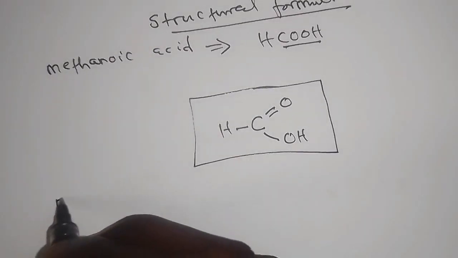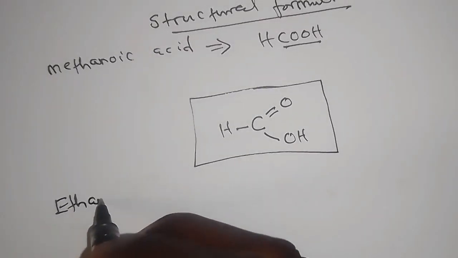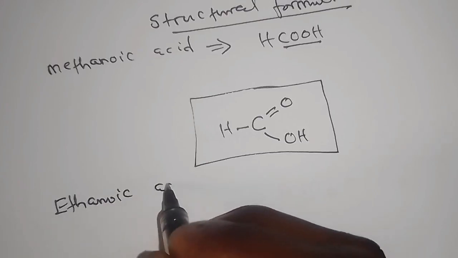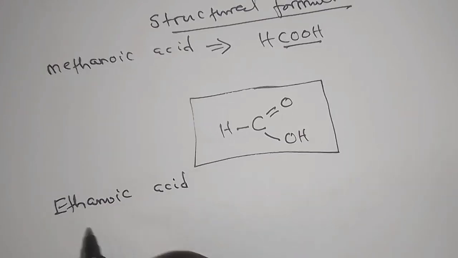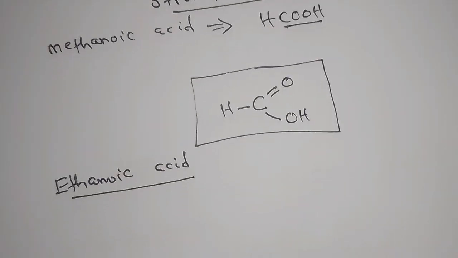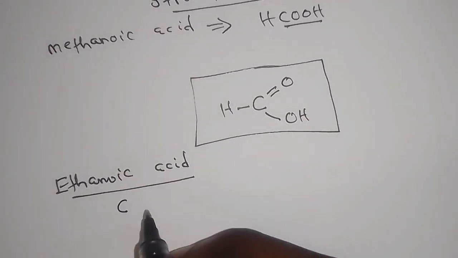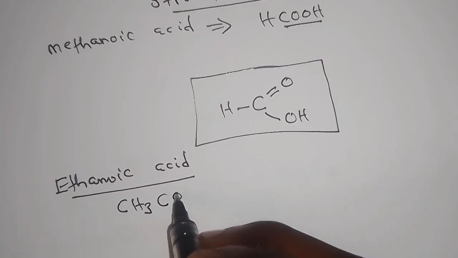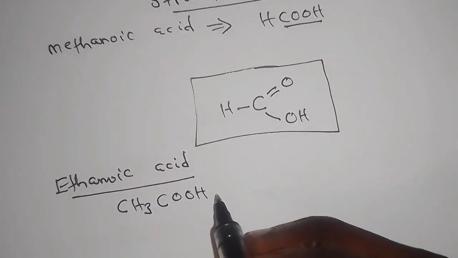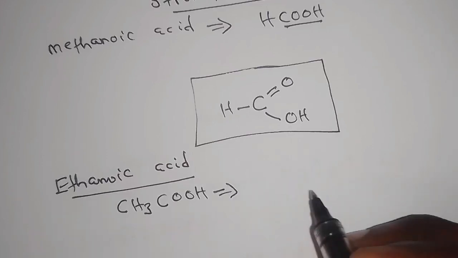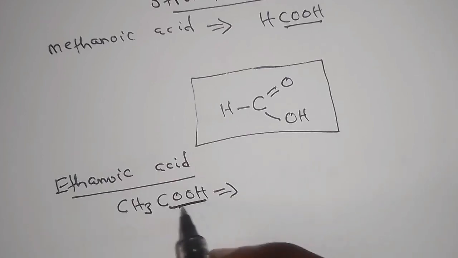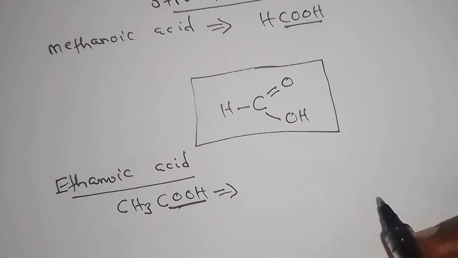Now what about ethanoic acid? We have written that, CH3COOH. You always start with the structure of the functional group.